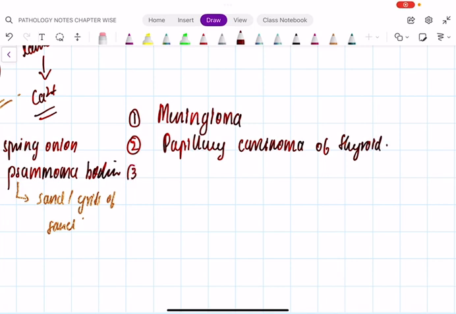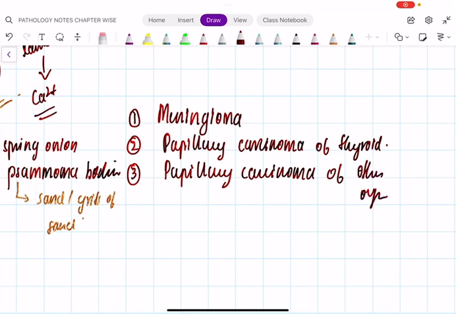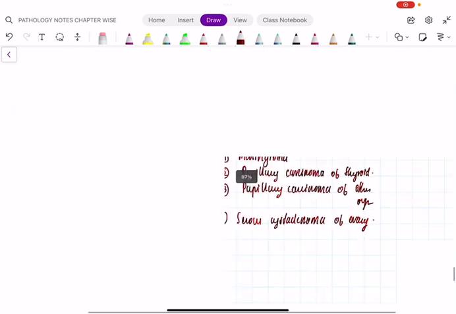Number 3, papillary carcinoma of other organs. Wherever we have a papillary carcinoma variant, we can go for that. Then number 4, serous cystadenoma of ovary. Okay, these are the various areas.